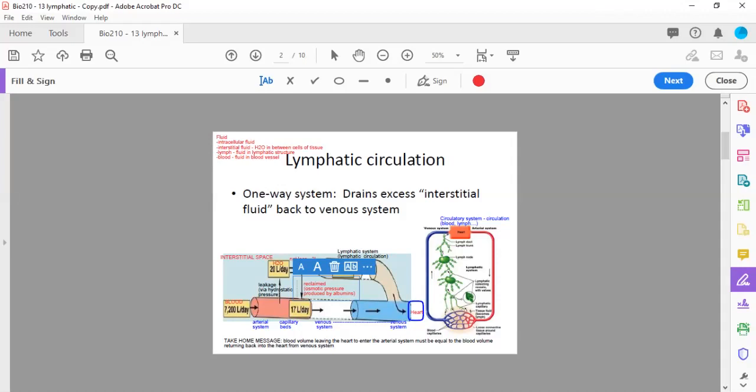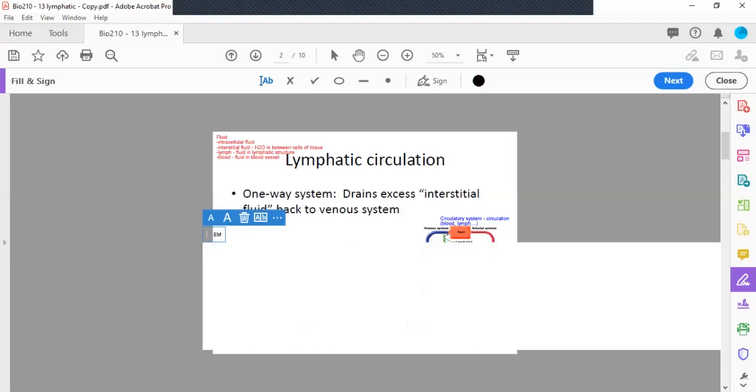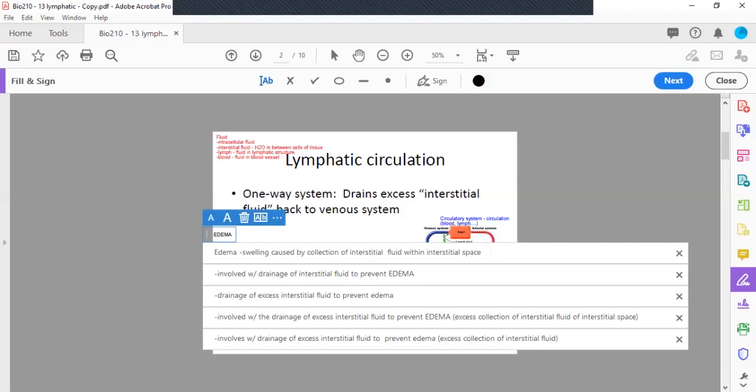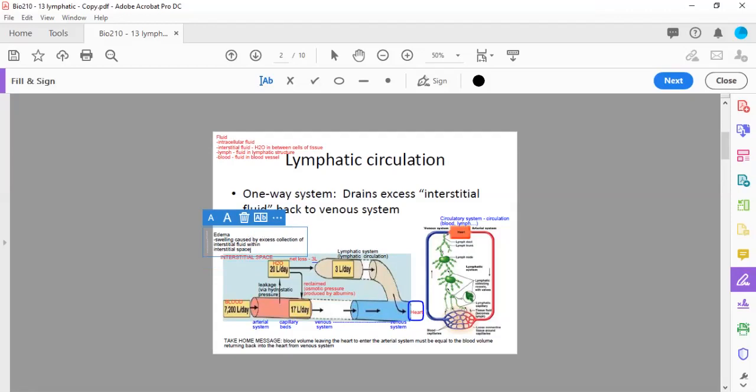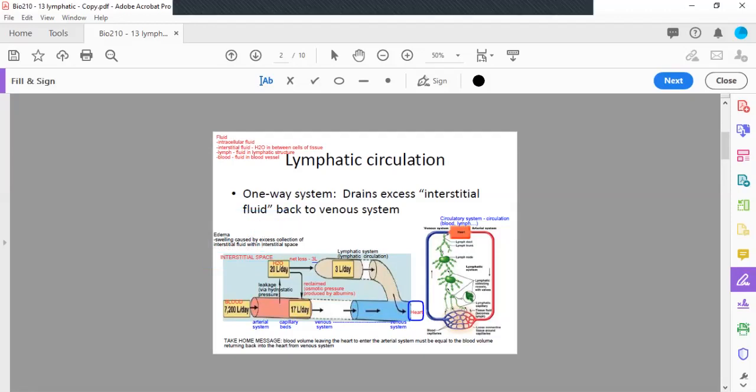The word edema just means swelling caused by excess collection of interstitial fluid within the interstitial space. So that, in a nutshell, is what edema is.